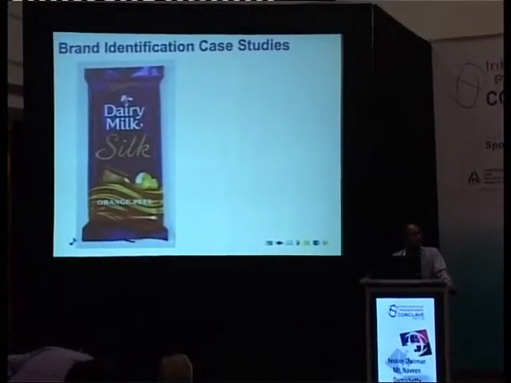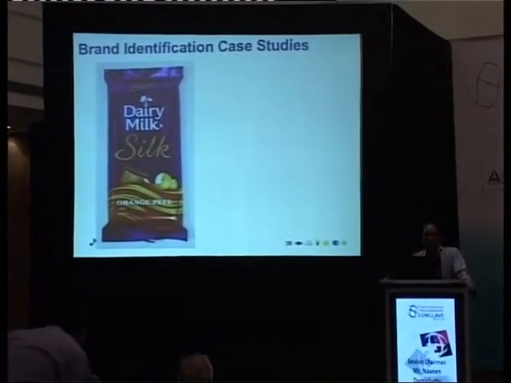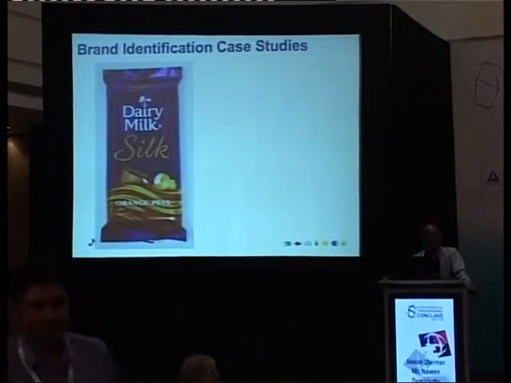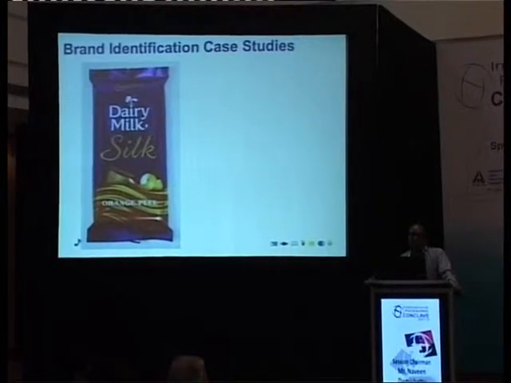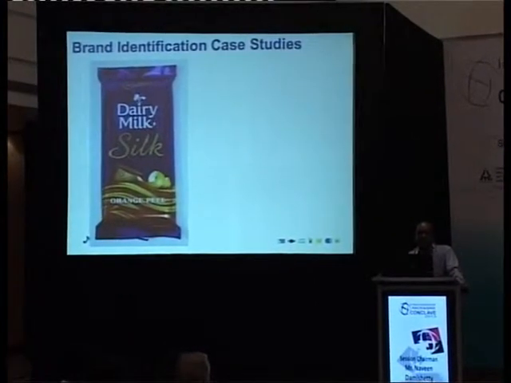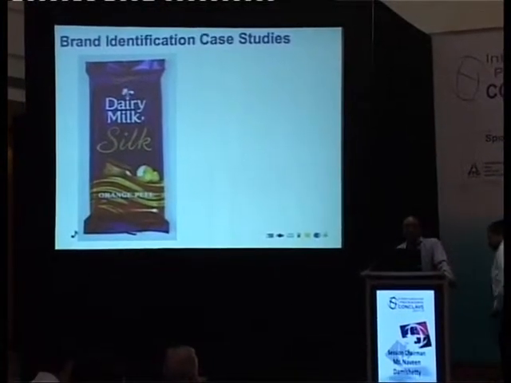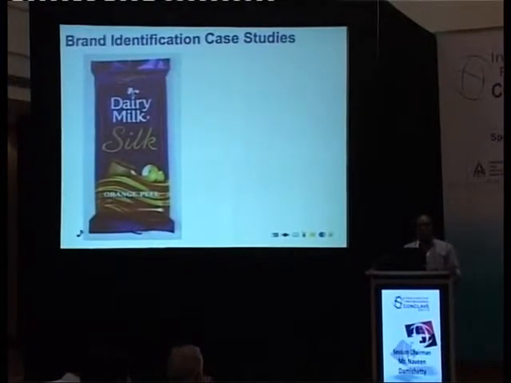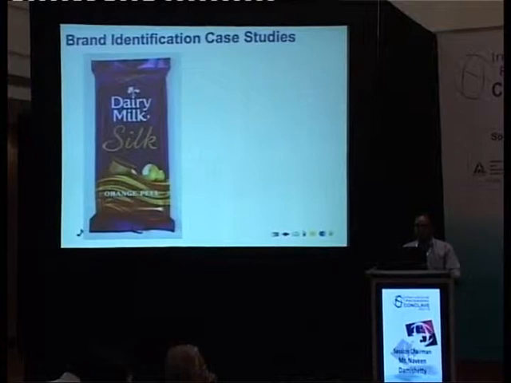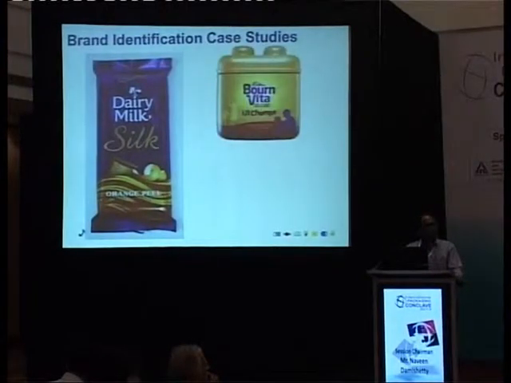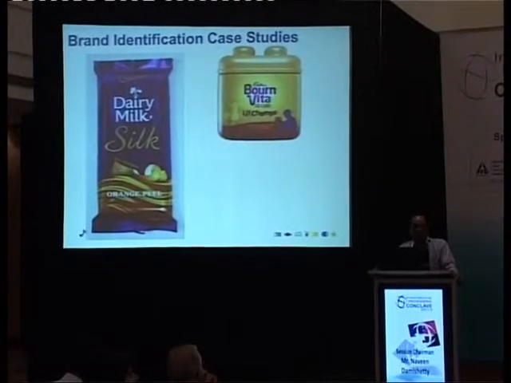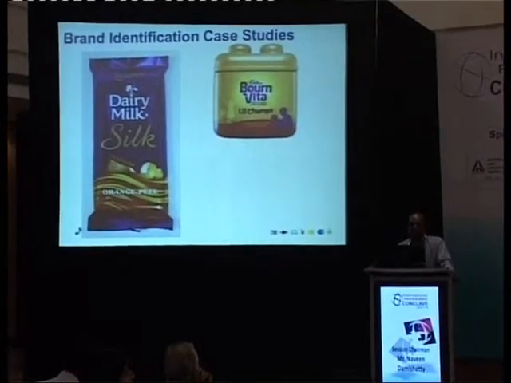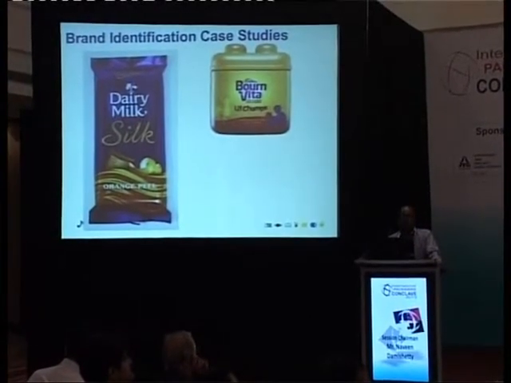So this is Silk chocolate. The wrapper here has been made in such a way that you have a silky feeling to the material. Once you touch the material, you feel that silky feel, and it somehow connects to the silkiness and the smoothness of the chocolate that you are going to consume. This was a product developed for children below 5 years.